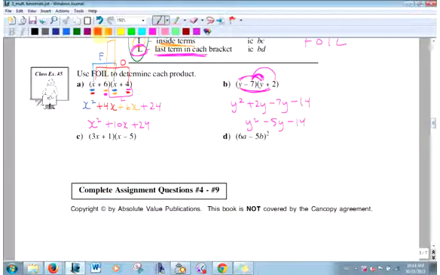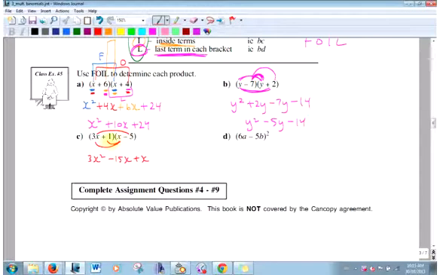Okay, if you think you got it, go ahead. If not, watch another. First, 3x times x is 3x squared. Outside, negative 5 times 3x is minus 15x. Inside, 1 times x is 1x.